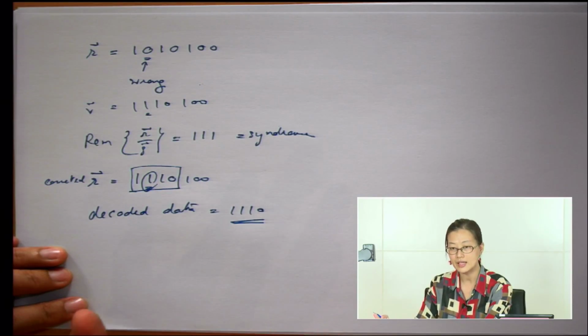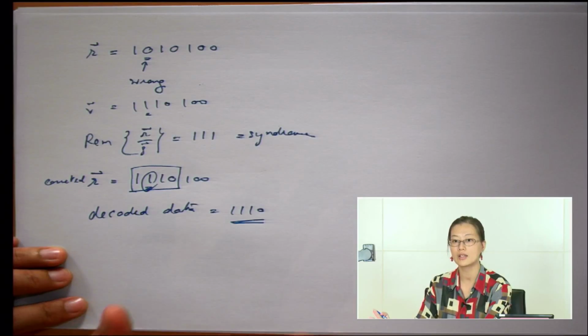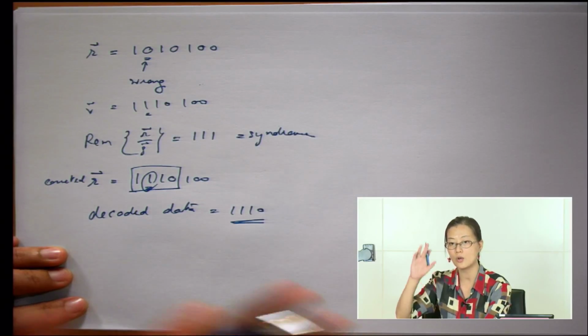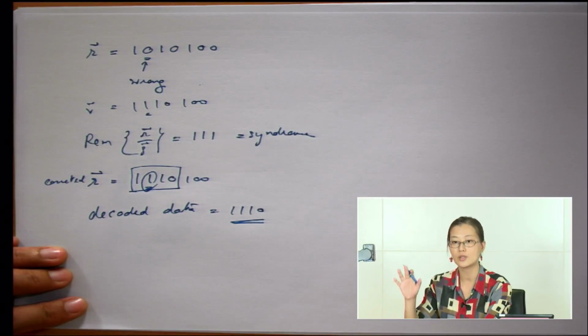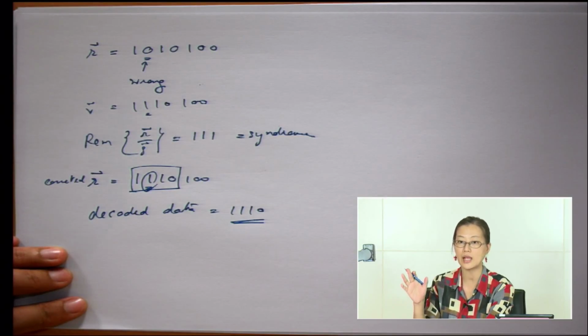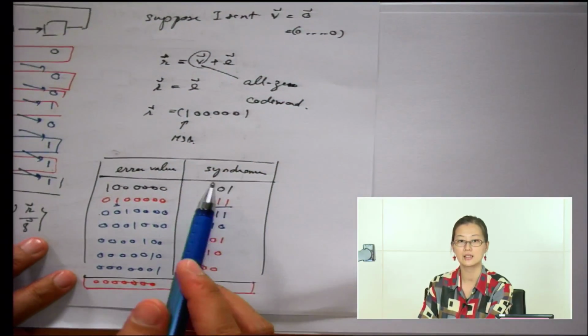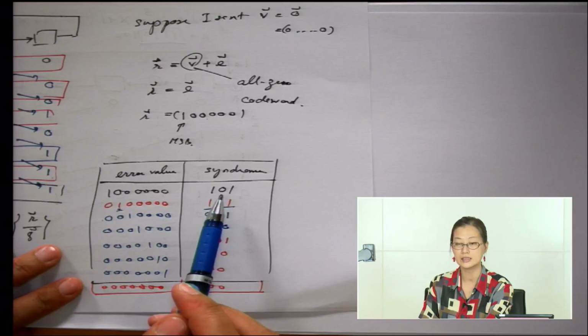So the syndrome depends only on the errors and not the code word. All code words have no remainder, so the remainder is affected only by the errors. So if the error is in the second bit, it will always have this syndrome 1 1 1. If the error is in the first bit, it will always have the syndrome 1 0 1.